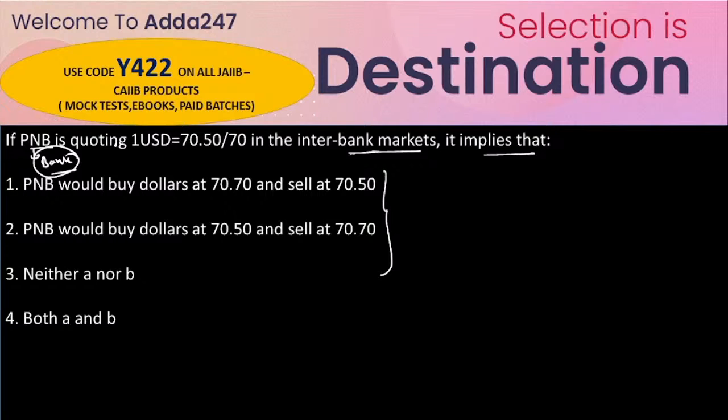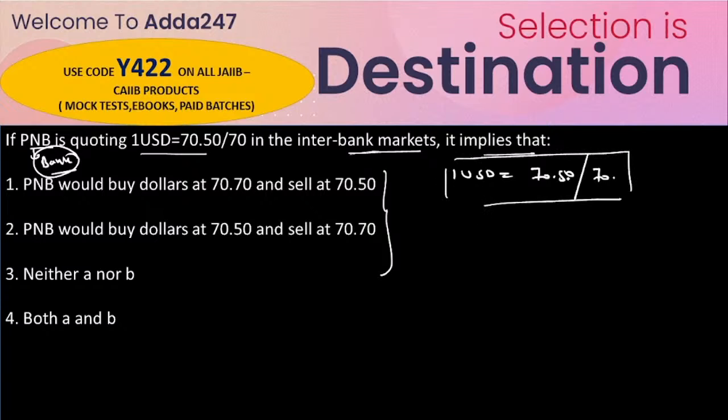So there is a quotation available, and $1 is given here as 70.50 slash 70.70. You always have to understand by the way I am telling you. Whenever you consider this type of quotation in the exam, where buying and selling rates are both given, you always have to understand it with respect to the bank.